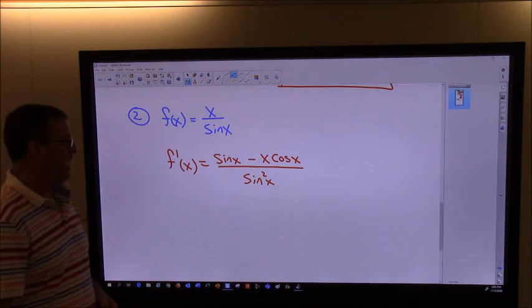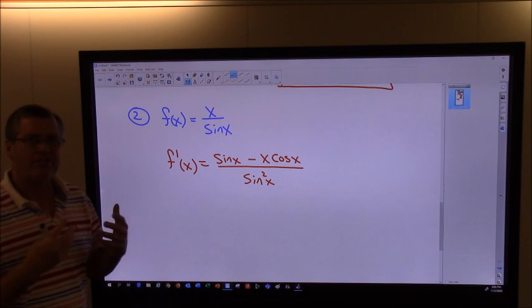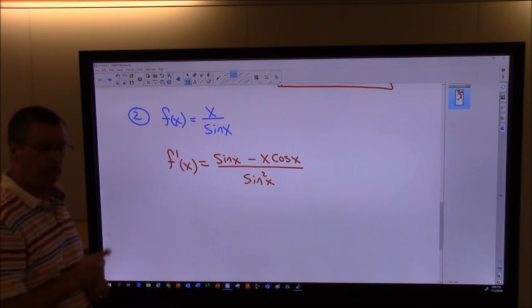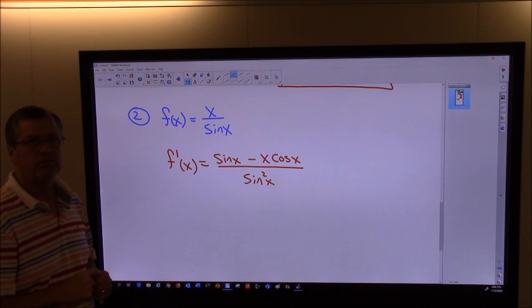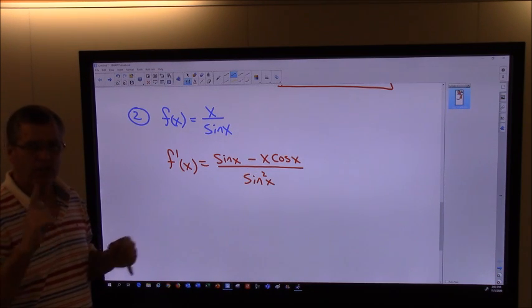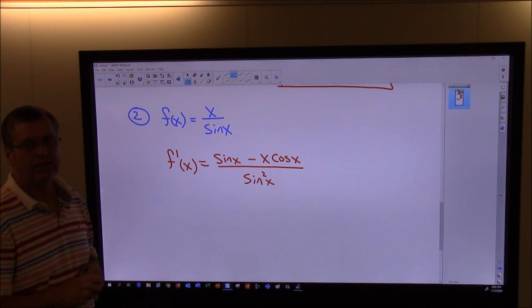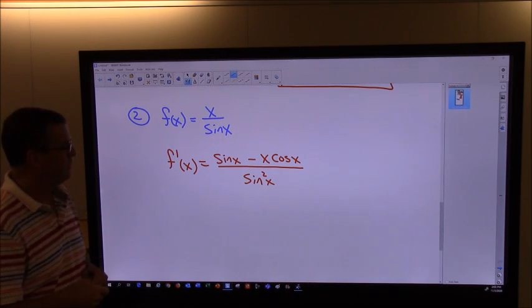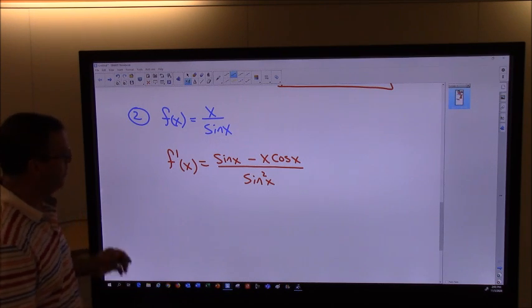And so I suppose now the question is, how do we simplify this? What we said last year was we really want one trig function if possible, no fractions if possible, and one term if possible. I don't think all that's going to happen on this one. But I could try and simplify it a little bit.